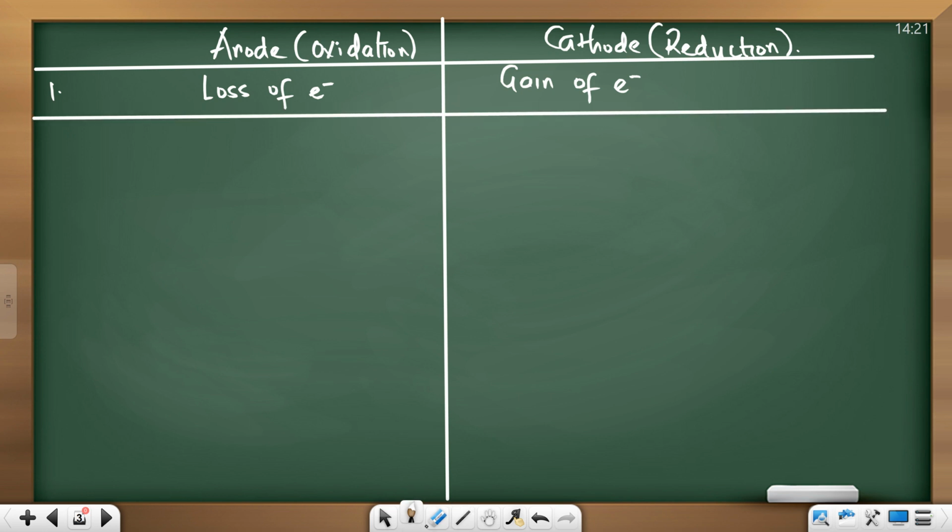Number two, before I go to that, increase in oxidation. That's what happens at the anode. Oxidation number, because that's where oxidation takes place. So the substance there will increase oxidation number. While here, there is a decrease in oxidation number.